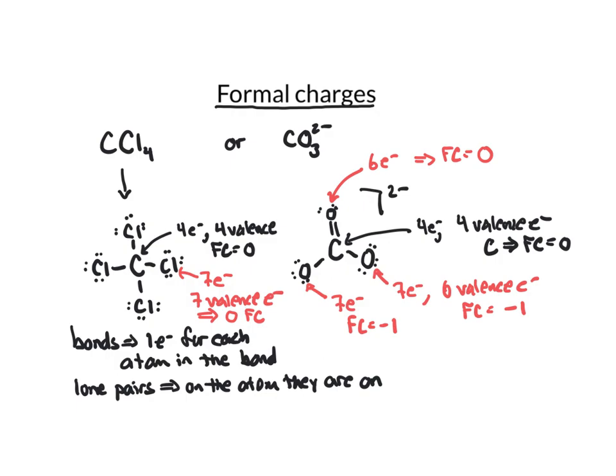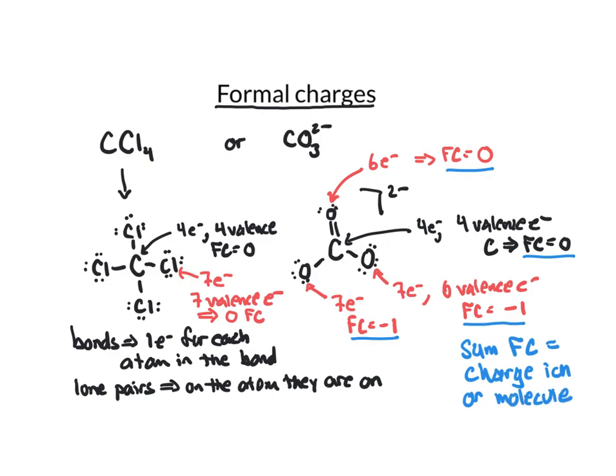Now, what you will notice is that if you take all the formal charges in this structure, so 0 plus -1 plus -1 plus 0, the sum of the formal charges, add them all up, should equal the charge on the ion or atom or molecule.